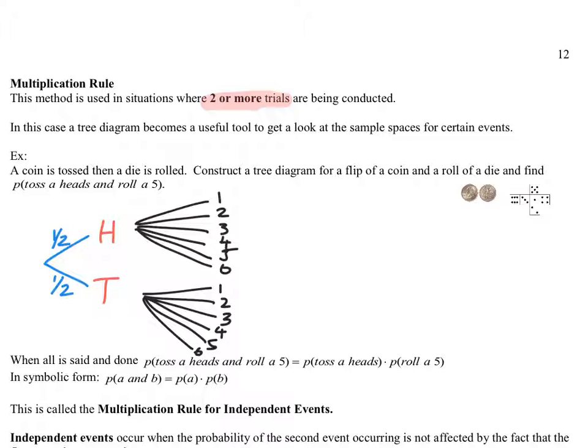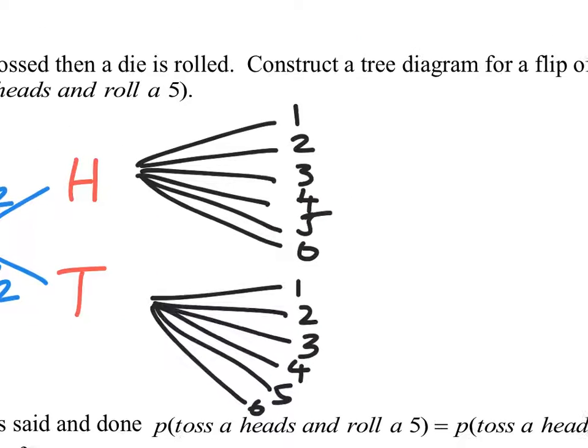The probability of rolling a die, well, it's an independent event, so it doesn't really matter whether I got a heads or tails. The probability of getting a die to come up as a 1 is going to be 1 out of 6. Same thing for 2, 3, 4, 5, and 6. So each one of these has a probability of 1 out of 6.